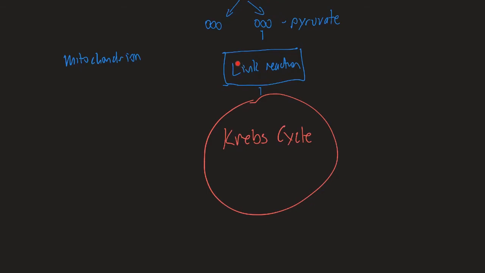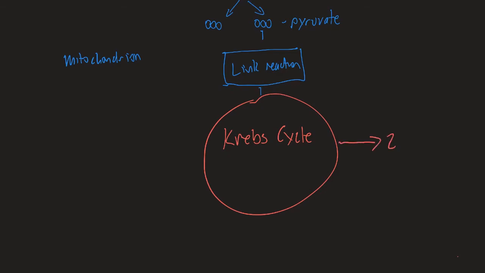It's called acetyl coenzyme A, but you don't need to worry about that. That's our input for the Krebs cycle. And we go around the Krebs cycle and we get some outputs. So one of the key outputs from the Krebs cycle is some ATP that gets produced.